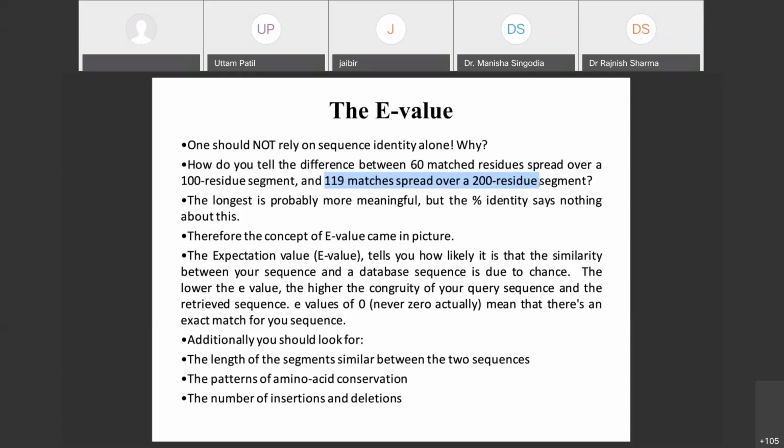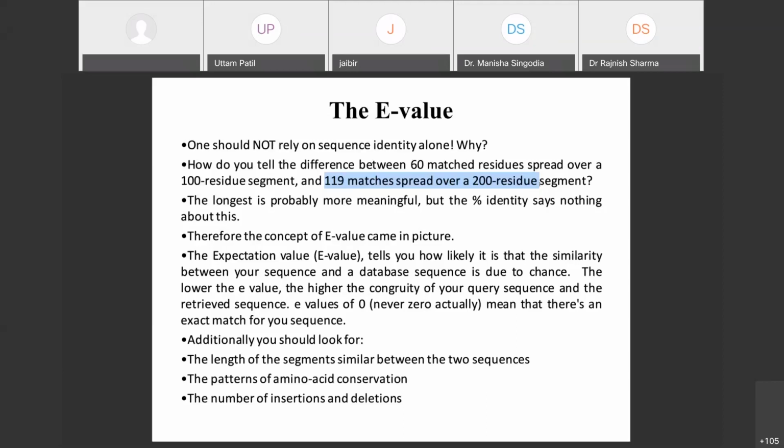Therefore, in order to incorporate the length of the sequence, the length of the whole amino acid sequence, there came an important concept called the e-value. E-value's full name is the expectation value.